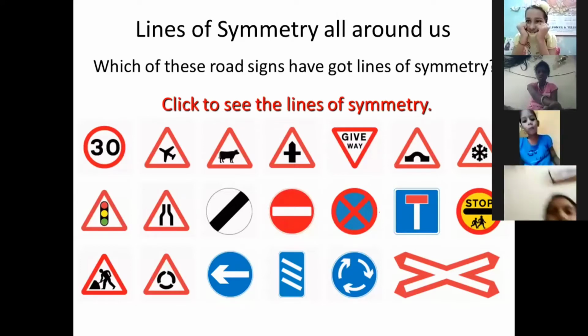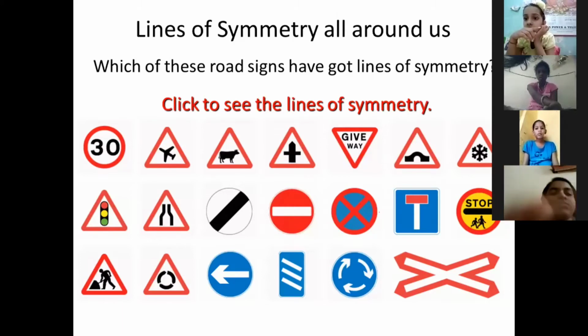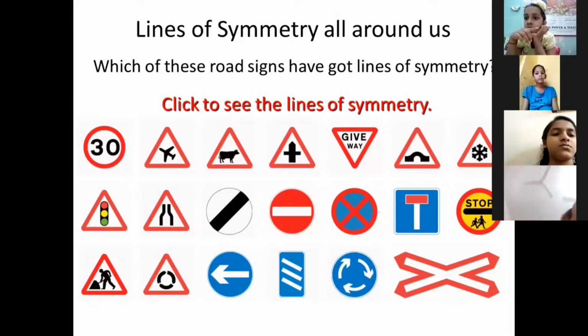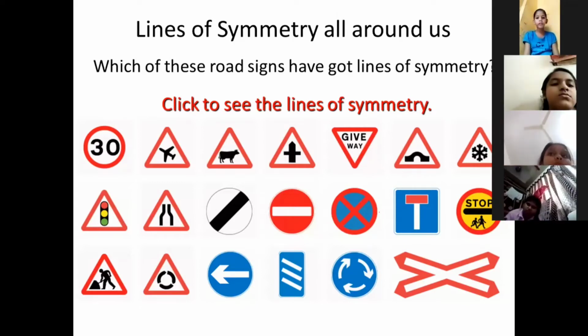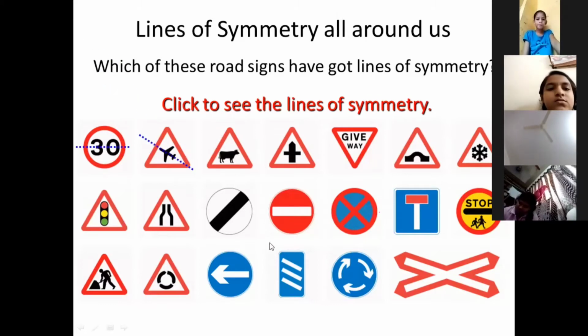Second one is horizontal. Third one also horizontal. Fourth one also horizontal. Here one letter is there, Give Way, so we cannot divide that. Here, one horizontal line of symmetry.